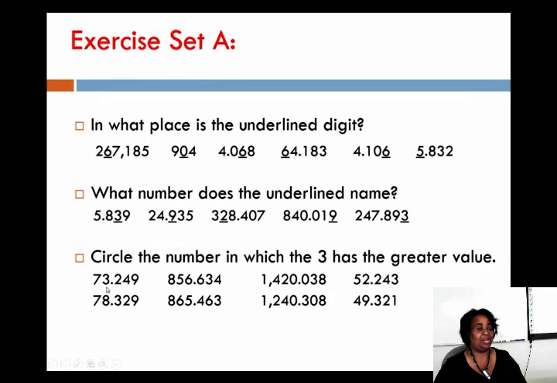So this is like $3 compared to 30 cents. So this one is larger. So you'll circle the top one. So do you guys get it? What about this second one? The 3 is in the hundredths place here, which is like a penny. And this 3 is in the thousands place, which isn't even a penny yet. So the top one is larger. Okay?